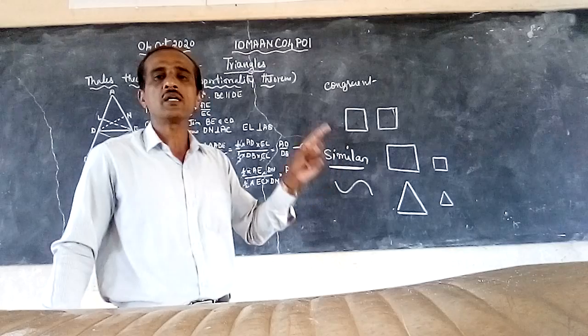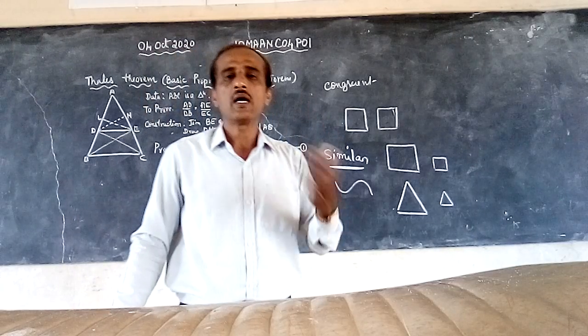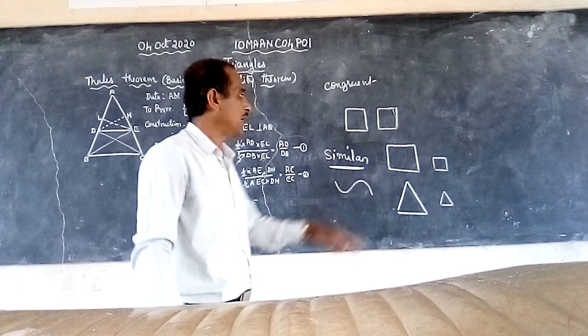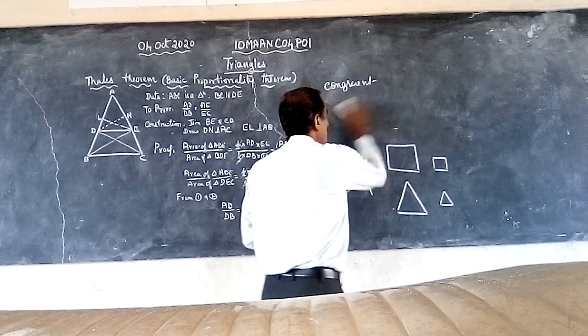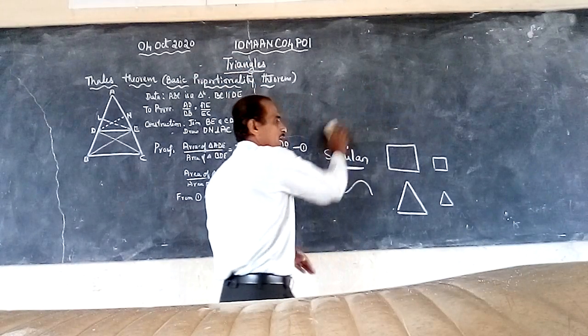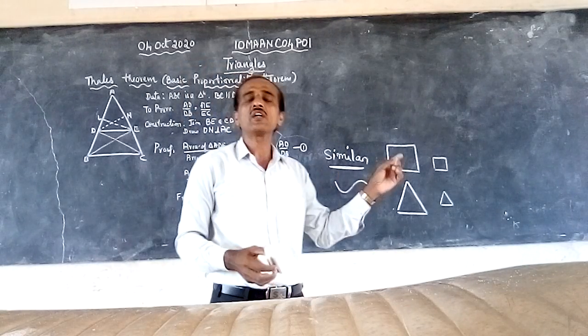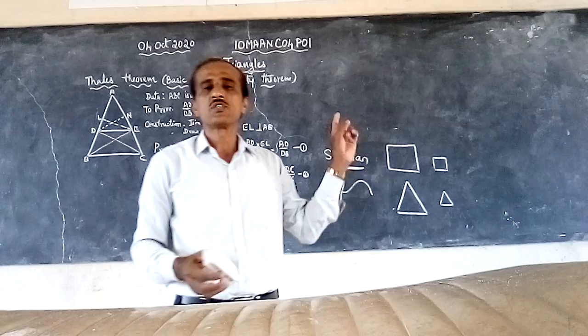So in this chapter you are going to learn about the similarity of triangles. To say that triangles or any figures are similar, they must have the same shape, not necessarily the same size.